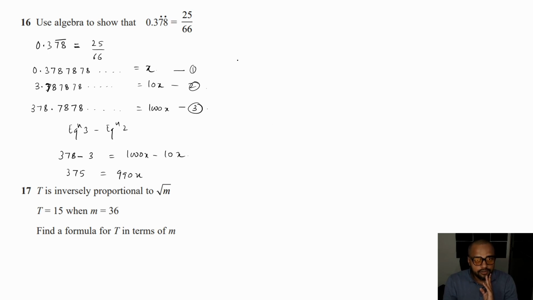So from here we can say that x will be equal to 375 upon 990. So we need to calculate this and we'll be getting our final solution.